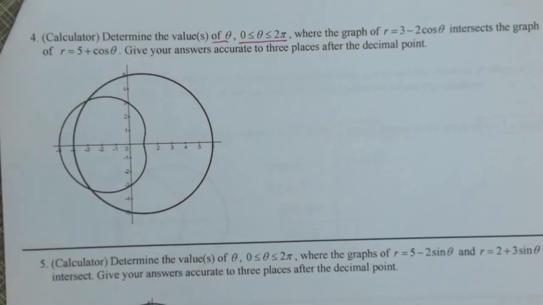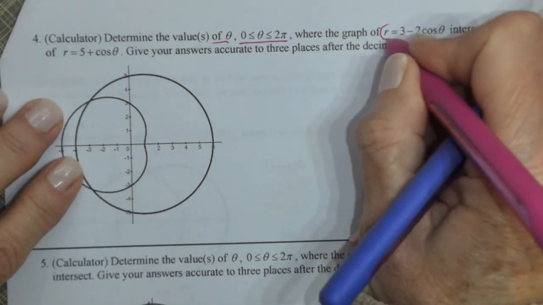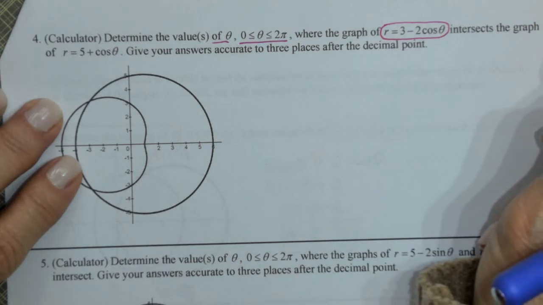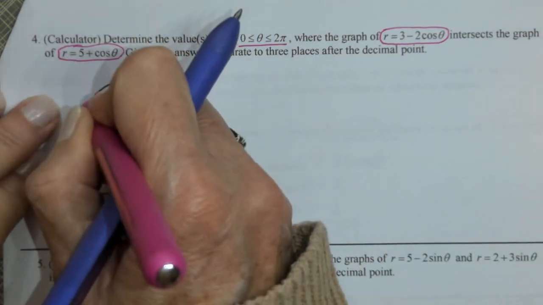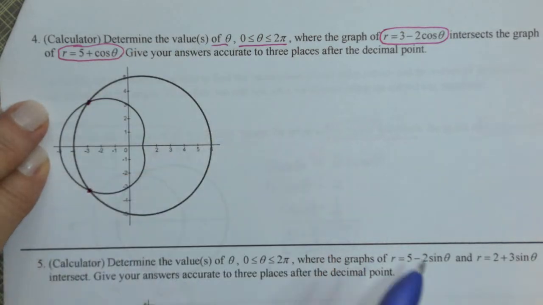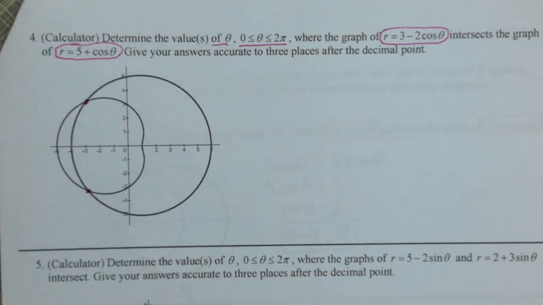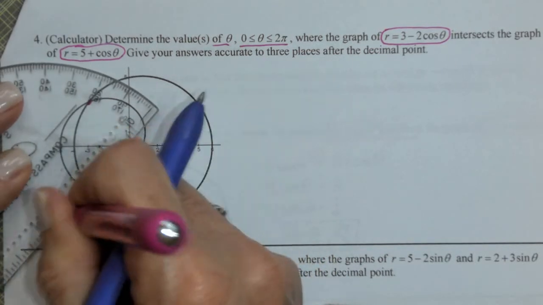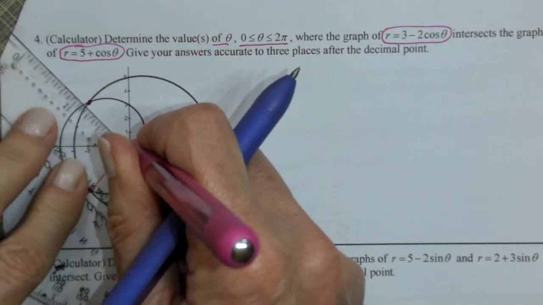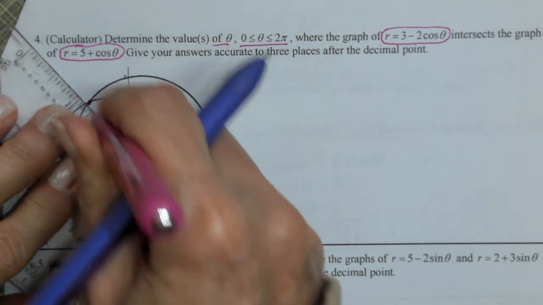And we want to know where the graph of this curve intersects the graph of this curve. I can see where they intersect. I just need to know what those theta values are. I'm going to go ahead and draw these in so I can use my symmetry.